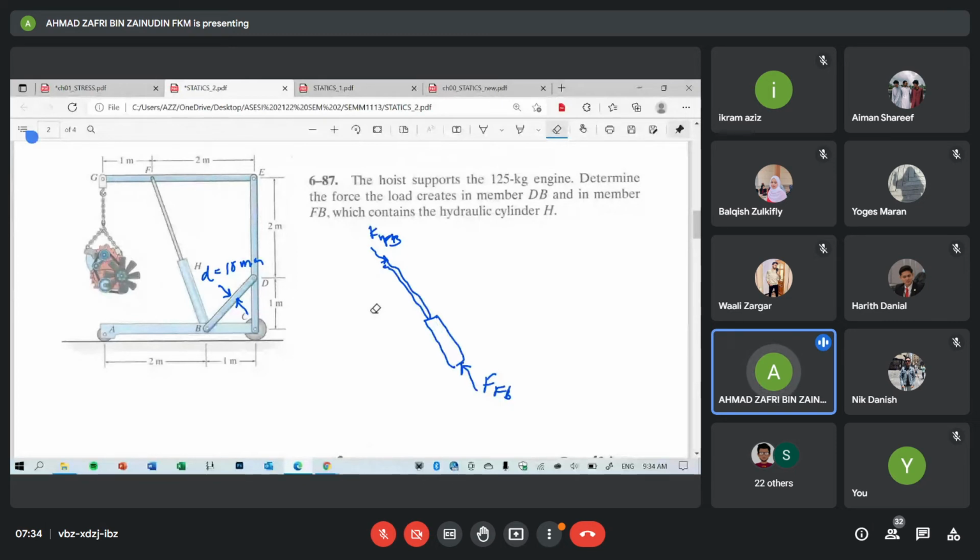My question just now, Aiman: which one do you think the stress is higher? Which section, FH or HB? FH, right, because the area is smaller. If the stress is too high, in which the material cannot hold, we will find that stress later on.